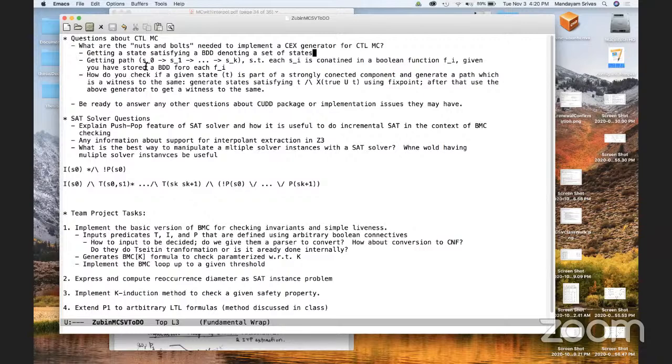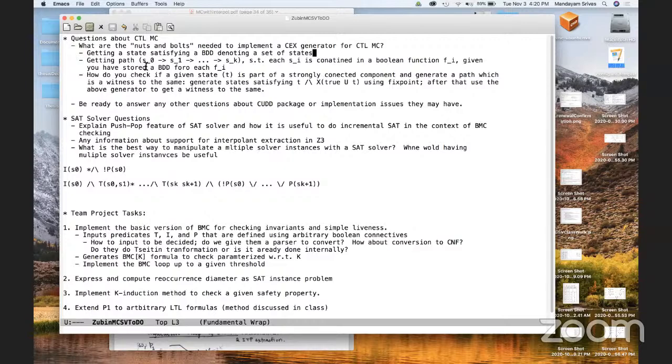You start with not P. Then you have a BDD which contains all states that in one step lead to a not P, and in the next iteration you have more states. But for the least fixed point, we start with false, right?